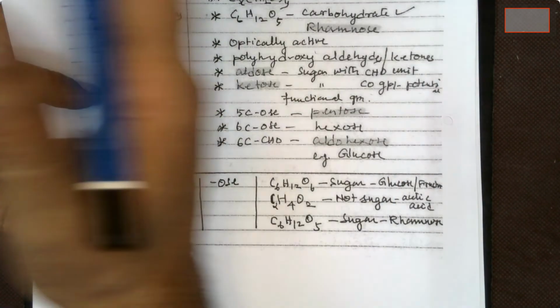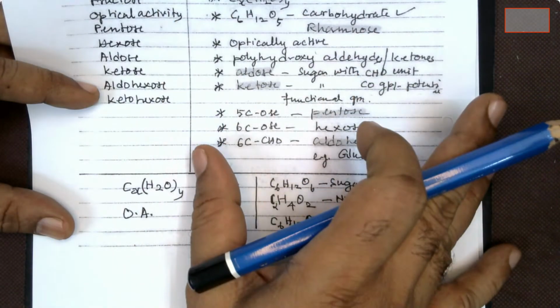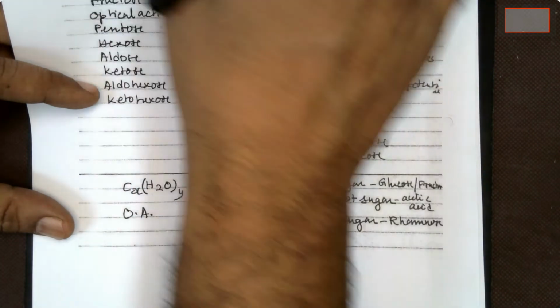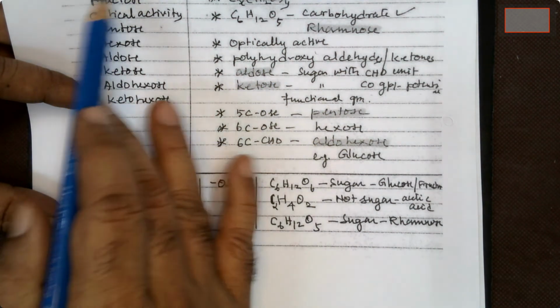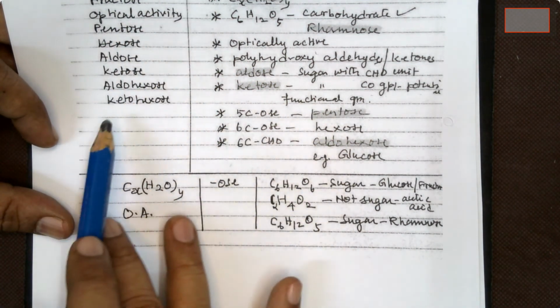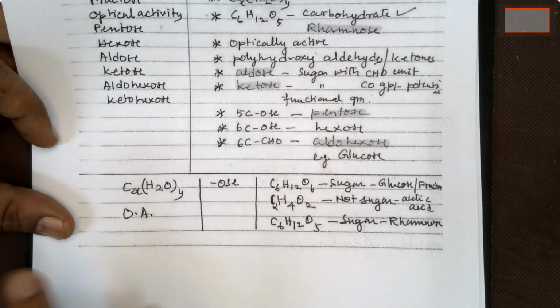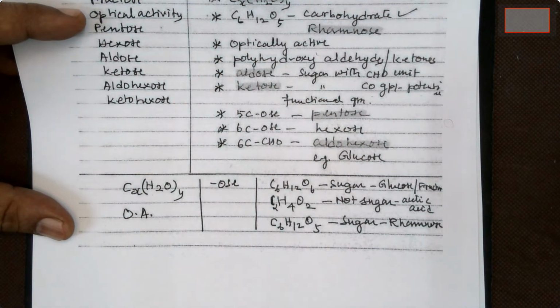The key points can be written on the left side and the main points will be available here. So what are the key points we discussed here? Rhamnose, glucose, fructose, optical activity, pentose, hexose, aldose, aldohexose, ketohexose. These are all the important terms for which you should know the expressions.